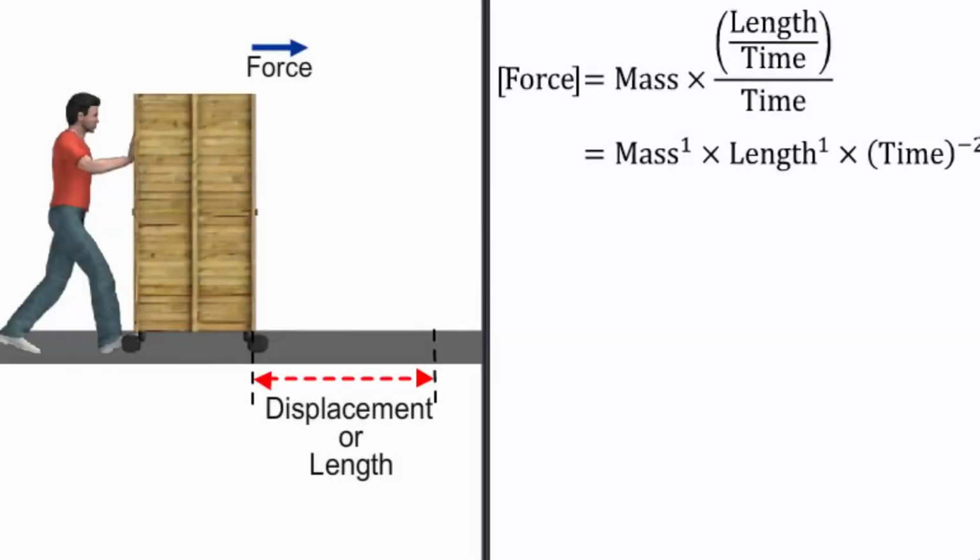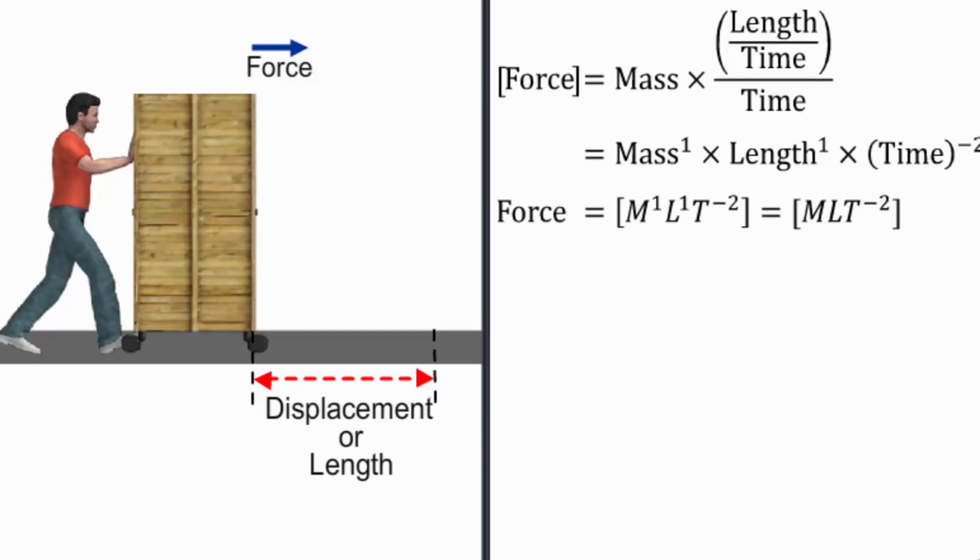The physical quantity expressed in terms of its base quantities is enclosed in square brackets to show that it is an equation among the dimensions of the quantity and not among the magnitudes. Thus we can write the expression for force as [F] = MLT^-2, as shown.